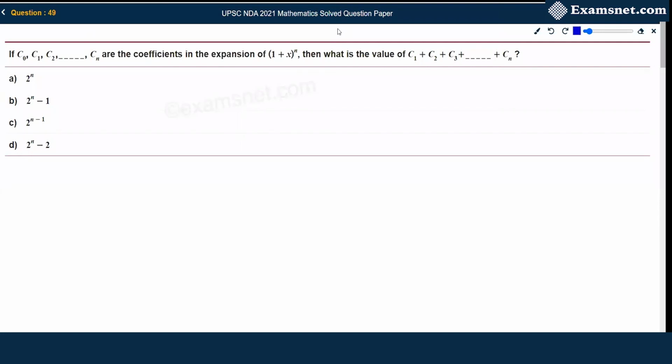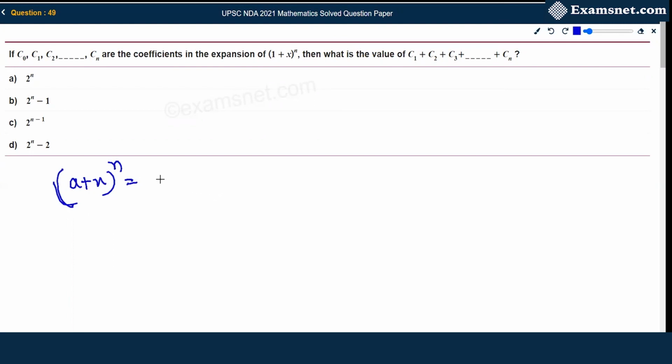In question number 49, it is given that if C0, C1, C2, up to Cn are the coefficients in the expansion of 1 plus x whole to the power n, then what is the value of C1 plus C2 plus C3 up to Cn? First, let me make you remember the formula of a plus x whole to the power n. What is the expanded form of this formula?